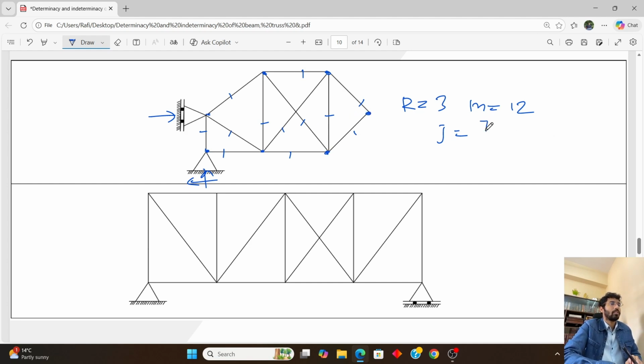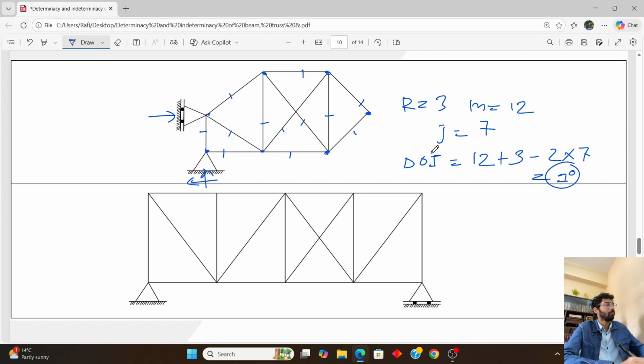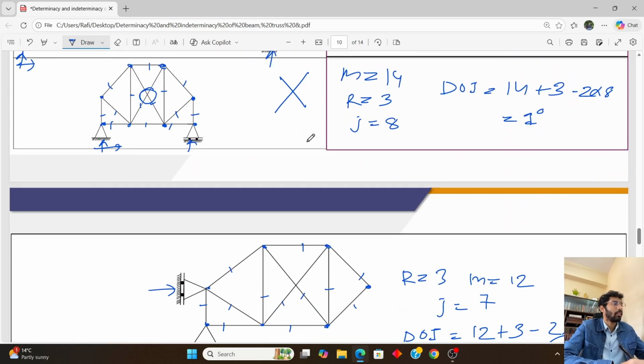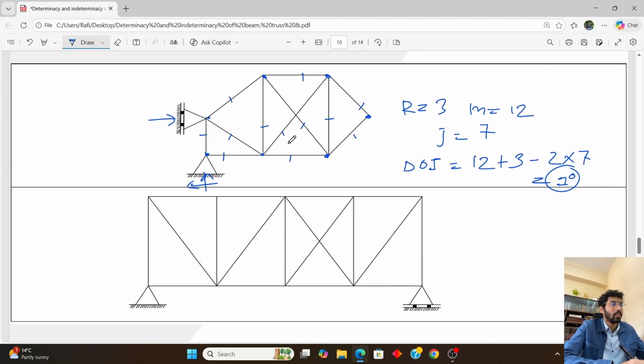There are 7 joints here. What will be the degree of indeterminacy? That is 12 plus 3, that is 15, minus 2 into 7, that is 14. So the value will be 1 degree of indeterminacy.